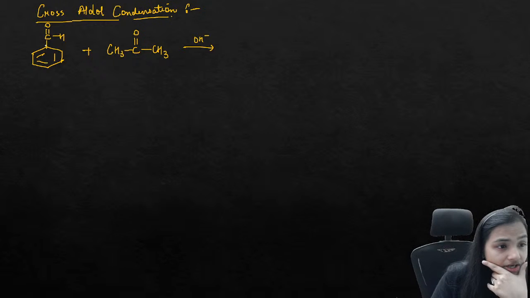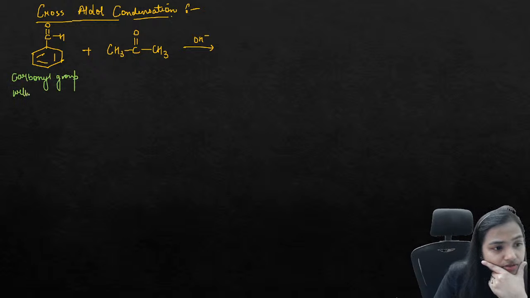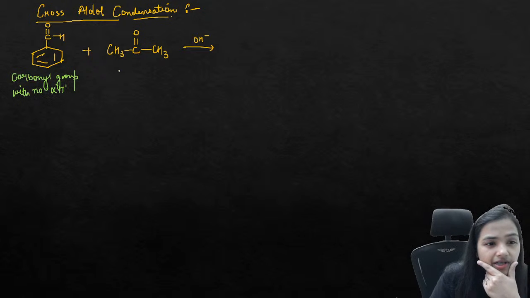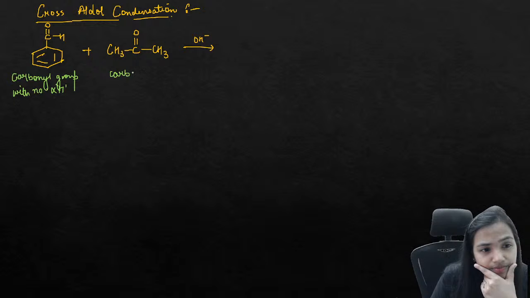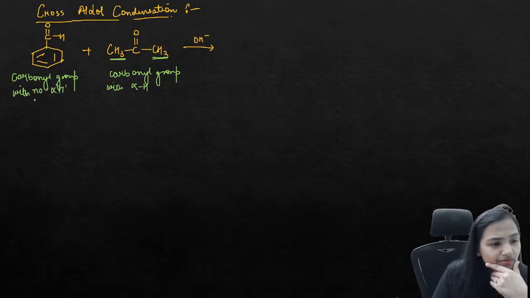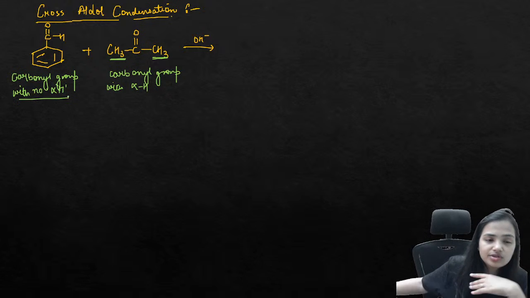Now you would be asking me, ma'am, what will be the product? There, if I see the carbonyl compound, this is a carbonyl compound with no alpha hydrogen, and here this is a carbonyl group with alpha hydrogen. So, ma'am, whether to do the Cannizzaro or to do the aldol?